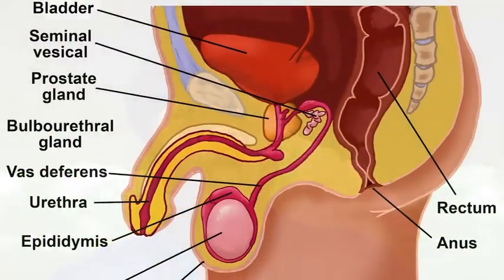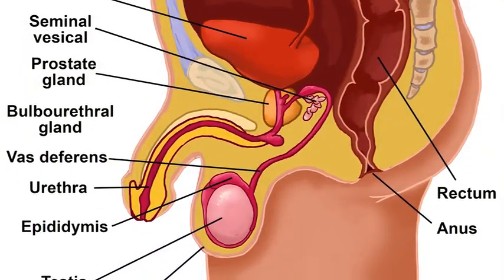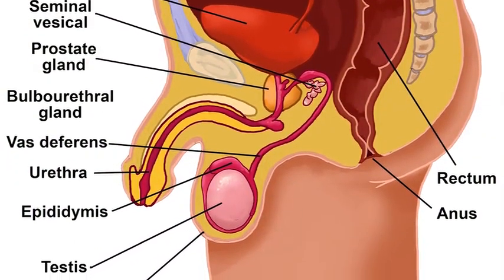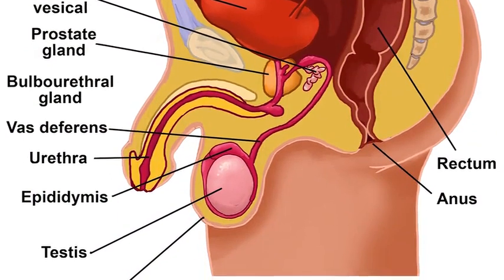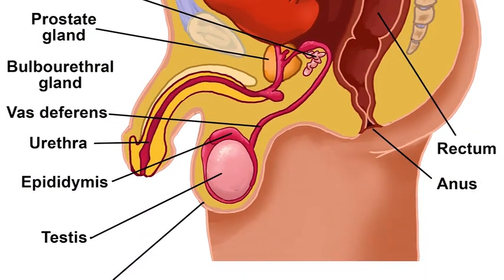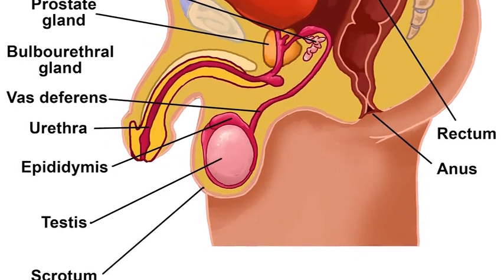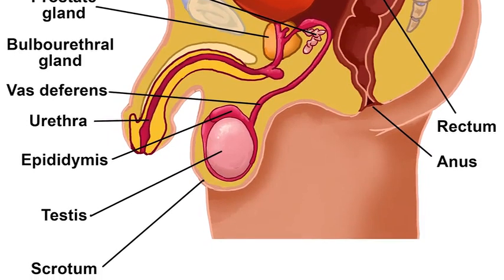Now let's take the second activity. I want you to take a careful look at the diagram below. That is a cross-section of the male reproductive system. You're welcome back. In the diagram, every part has its role or function to play.